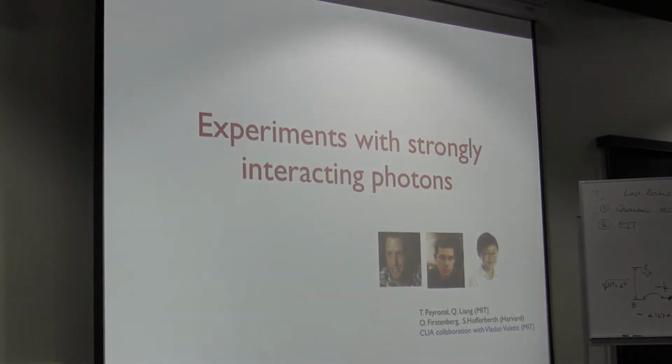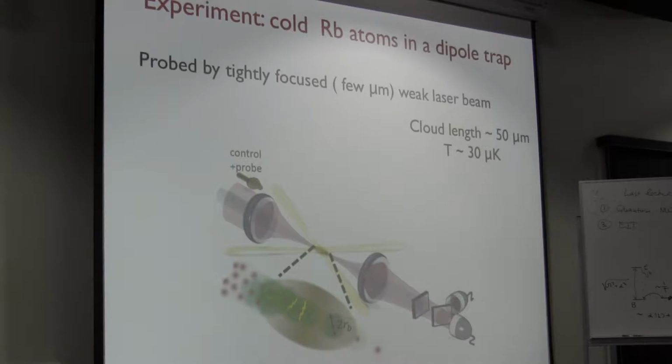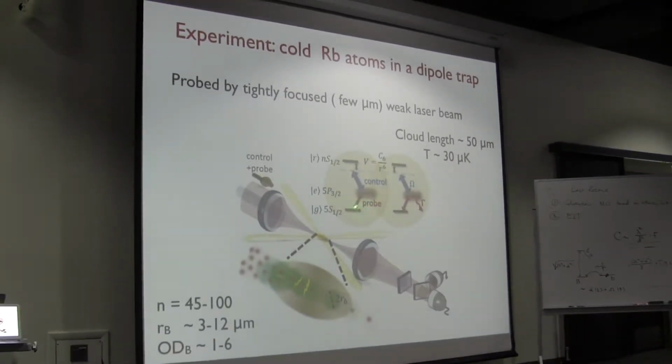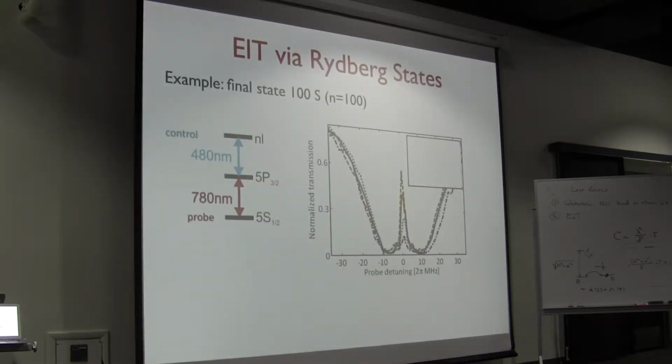But there is one piece of business that we have to do, and this is a fifth thing that you need to know. I started talking about the experiments which we are doing, where in an ensemble of cold atoms, we send in weak probe light, which is resonant with this optical transition, and then we drive the EIT by using blue light to excite Rydberg states.